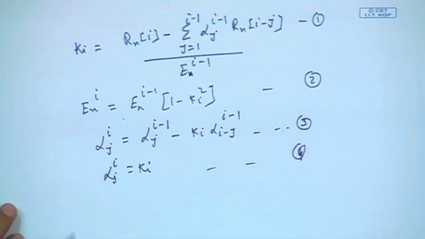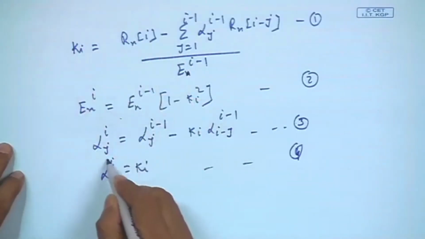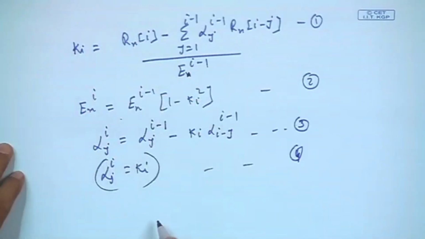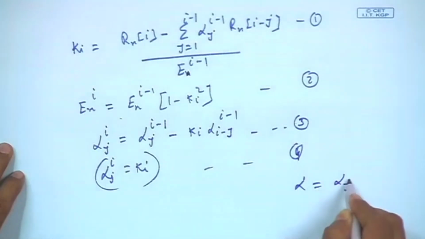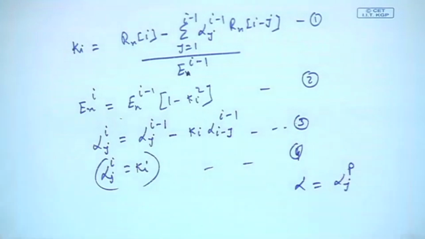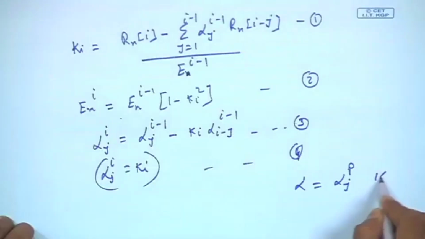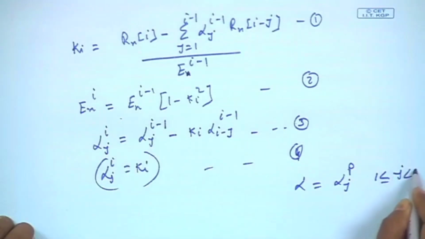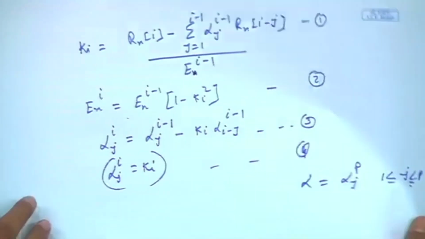Now, suppose I have a speech segment and I want to find out these values k I, E n I, and ultimately I have to find out this value. At the end, the alpha value is nothing but alpha j p. The p is the order, where j varies from 1 to p.